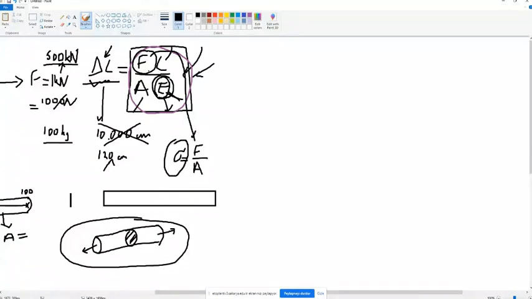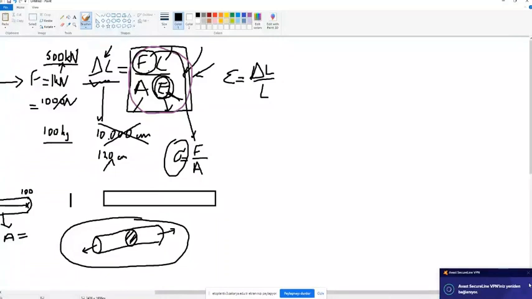So from this equation, you calculate the force, put the force here, and you have the sigma now. For the deformation, if you know the deformation rate and the initial length, when you accept the equation delta L over L, it should be equal to epsilon.